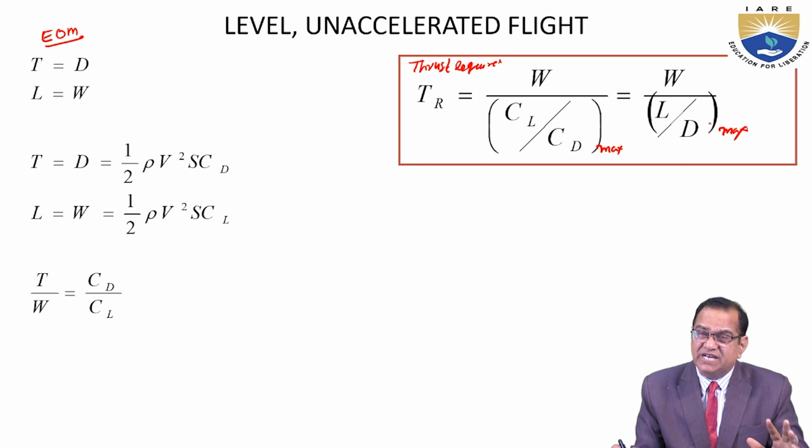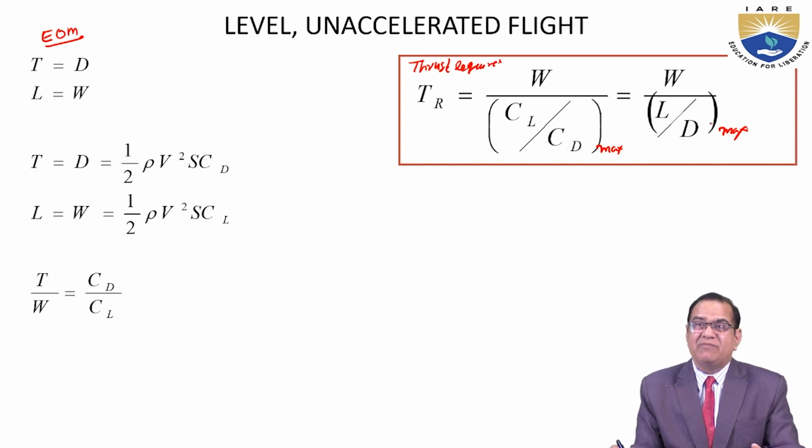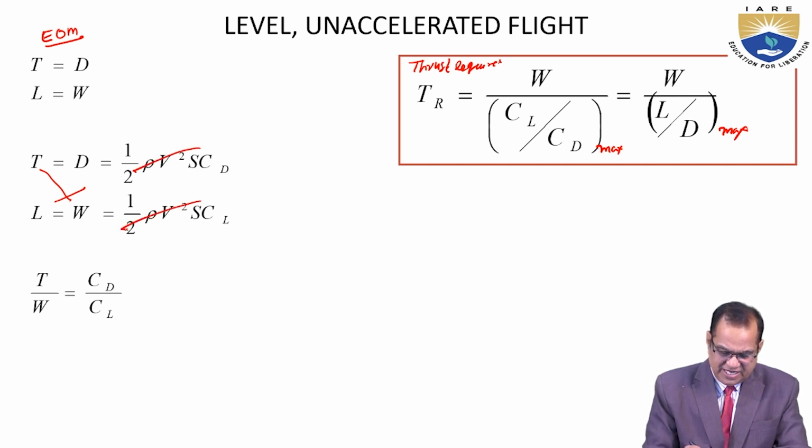So the objective of the engineer is to make the design in such a way that the L by D ratio, or the CL by CD ratio, of the aircraft is maximum. Here we can see T is equal to D, which is half rho V square S CD, and L is equal to W, which is half rho V square S CL. If we take T by W, these things will cancel and you will get CL by CD.